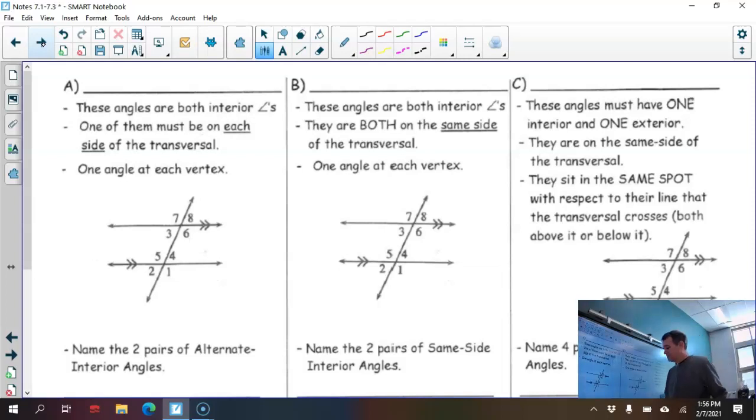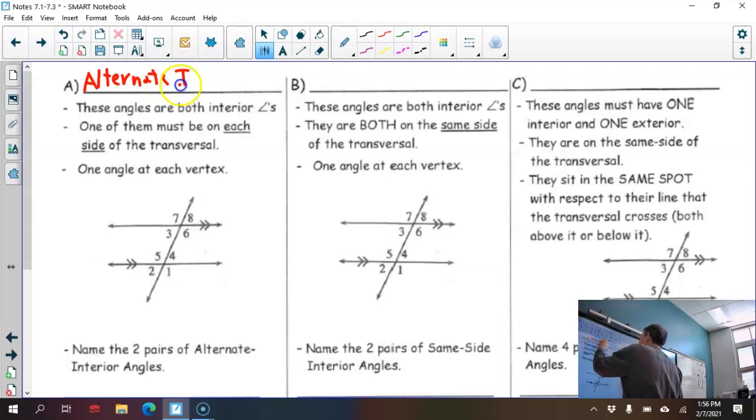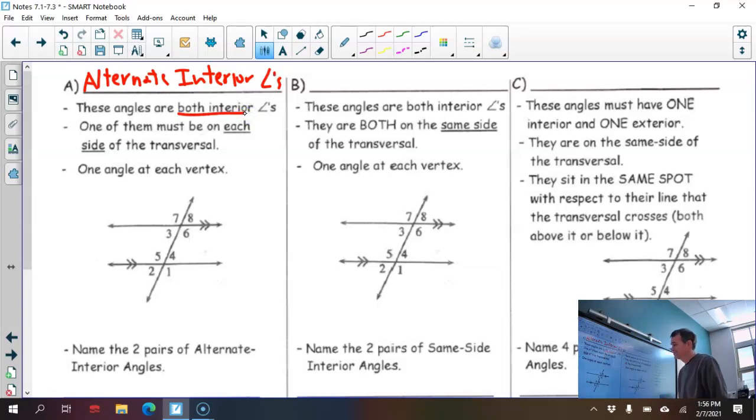All right, so our first special pair is called alternate interior angles. Alternate interior angles. All right, these angles are both interior, right?